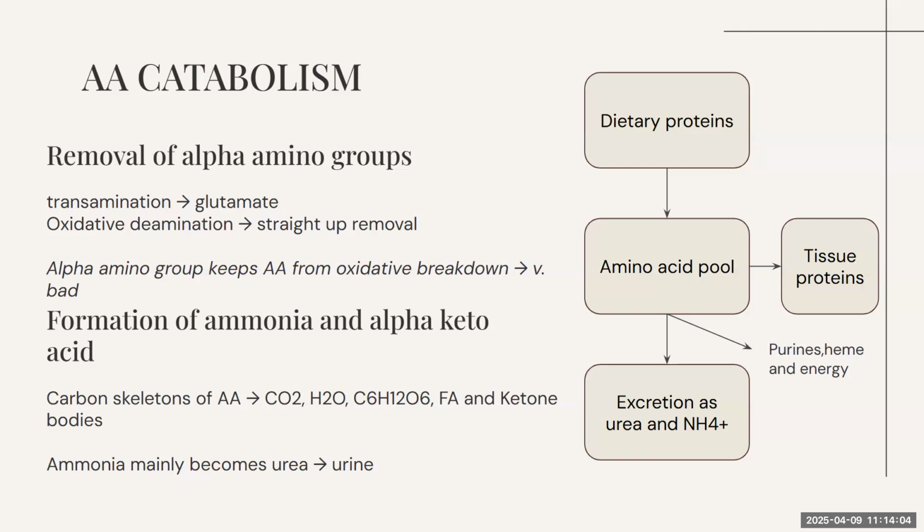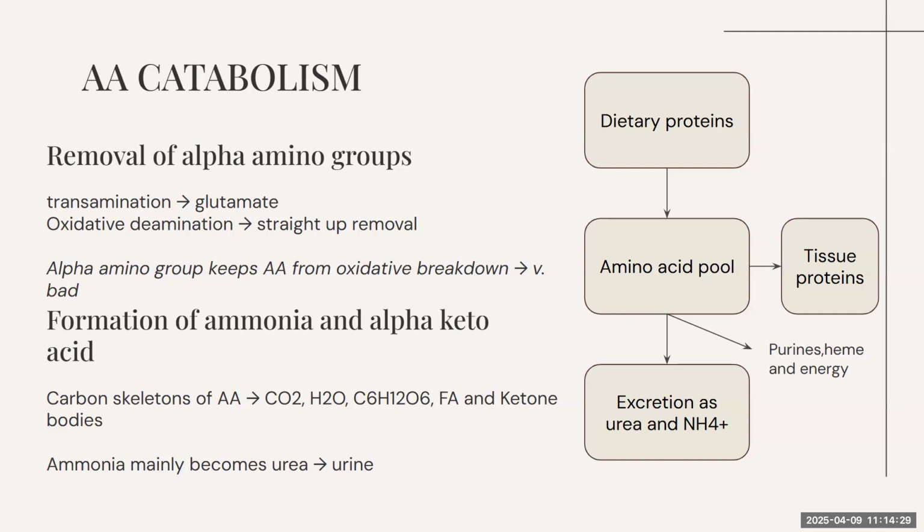Now, formation of ammonia and alpha keto acid. You have your amino acid, we've done a bunch of stuff to it, then it reaches the liver so that ammonia can be released, so that it goes to the kidneys and the urea cycle. And then you have the alpha keto acid, which is the carbon skeleton of amino acids.